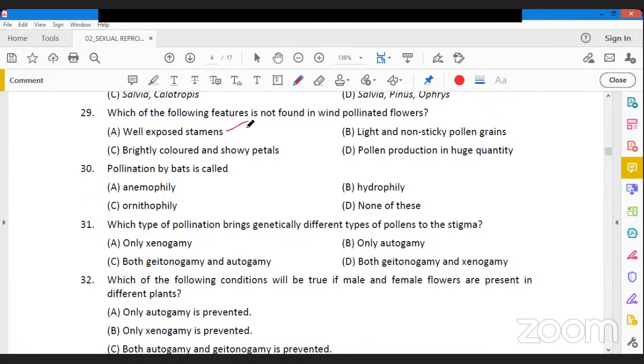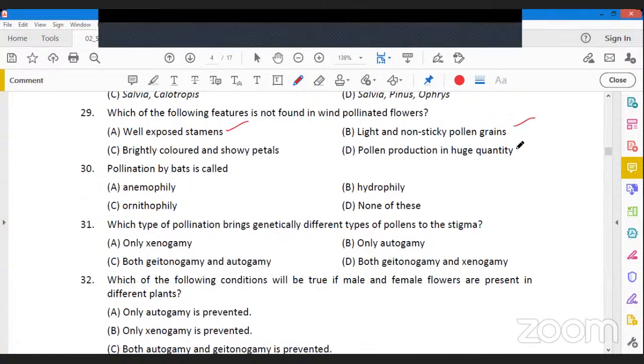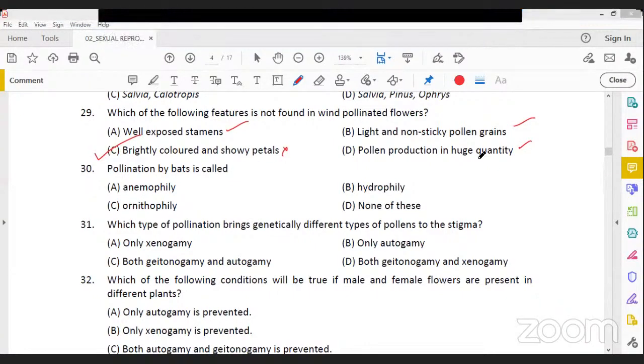Well exposed stamens are found in wind pollinated flowers. Light and non-sticky pollen are found in wind pollinated flowers. Large pollen production is also found. They do not show brightly colored and showy petals. So the correct answer is brightly colored and showy petals. They are found in insect pollinated plants.